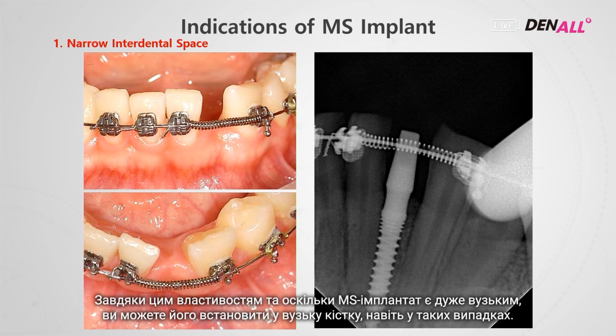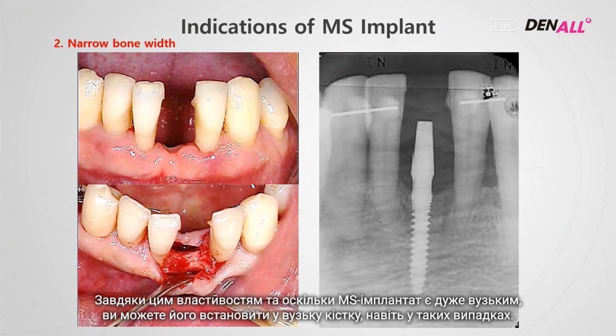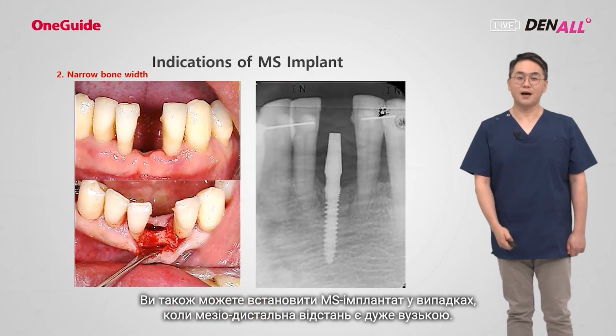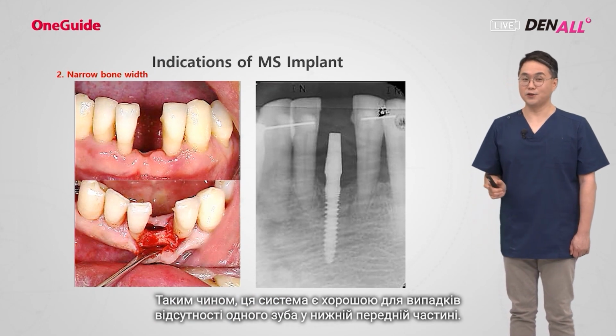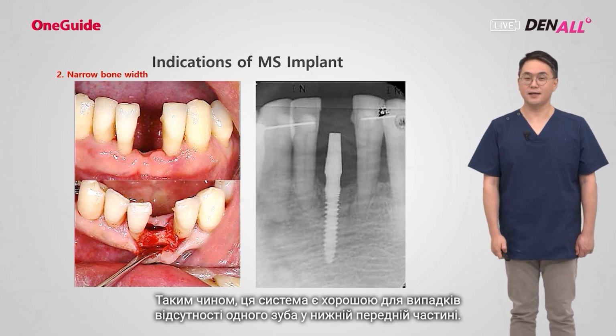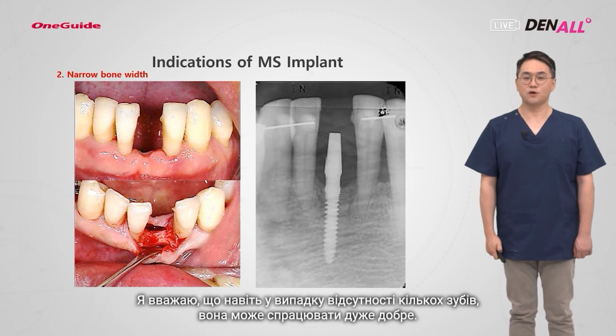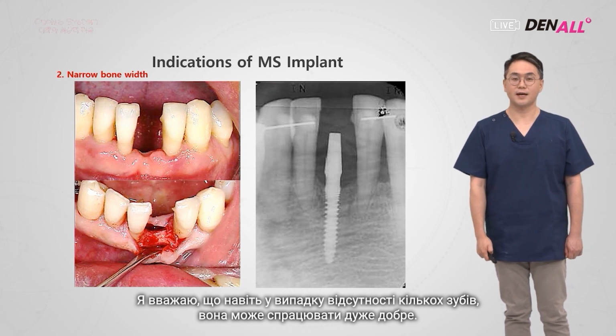In a narrow bone width, the MS implant is very narrow in width, so you can place it there. Even if the mesiodistal distance is narrow, you can use the MS implant. So for a single missing case on the lower anterior part, this is a very good system. And even for multiple missing cases, I think it can work very well.